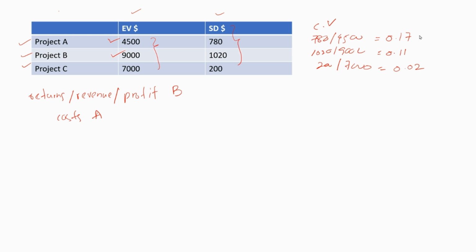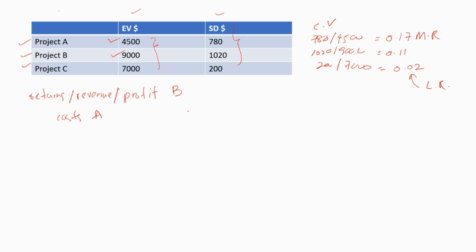Based on these values, now we can decide which project is the riskiest and which project is the least risky. So project A is the riskiest because 0.17 is the highest value among these coefficients of variation, and project C is the least risky.